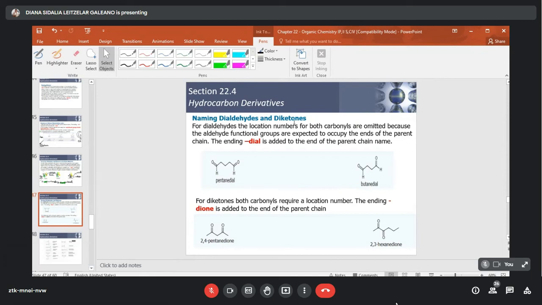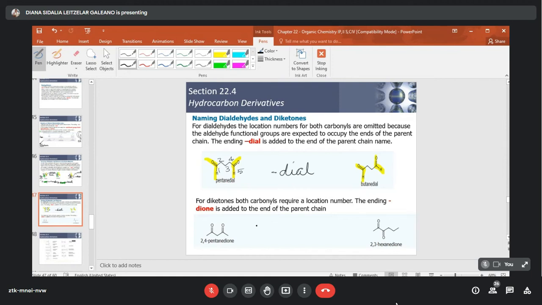As you see here, the dialdehyde is when they have 2 aldehydes. See? 1 in each corner. And what we use at the ending is the al. 1, 2, 3, 4, 5.